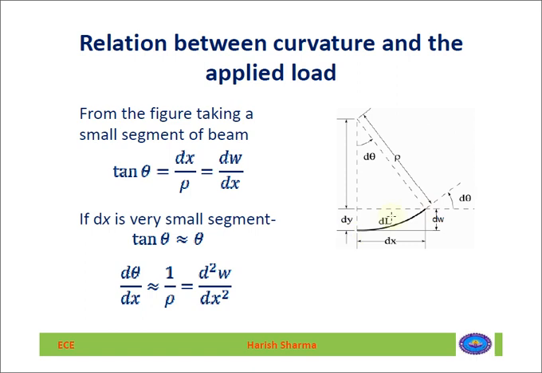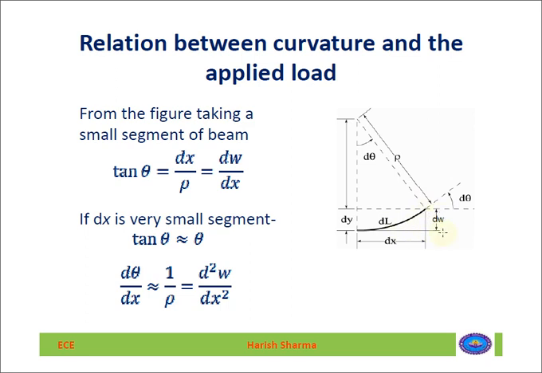But since it is a very small part, we can consider it as a straight line, so it may be treated as dx. Rho is the radius of curvature, and dw is the deviation from the initial position, so this is the deflection.